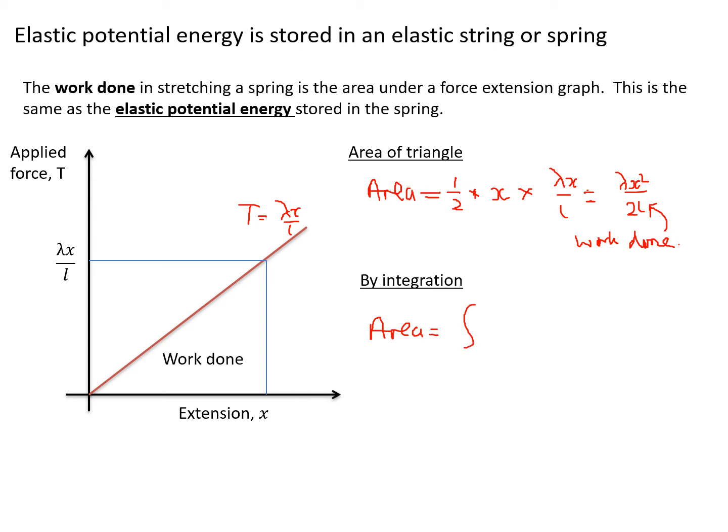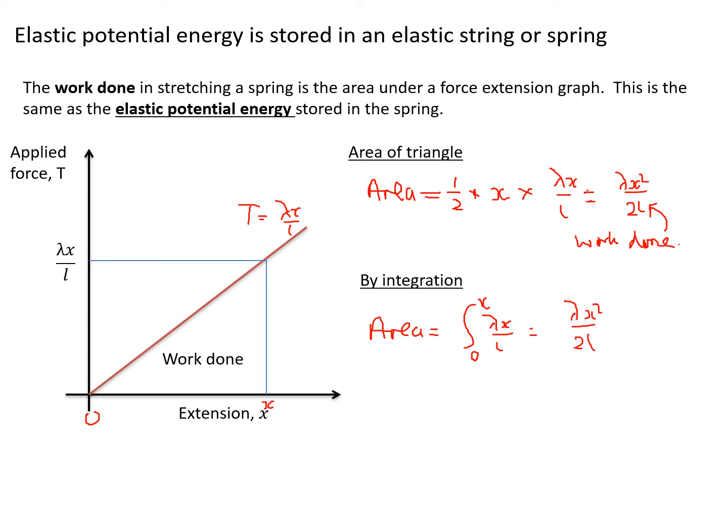So it's the integral of lambda x over L. We're going to apply some limits. So the limit is 0 up to this point here, that's just x. Call that x. So that's 0 up to x. If we integrate that, we're going to get lambda x squared over 2L.